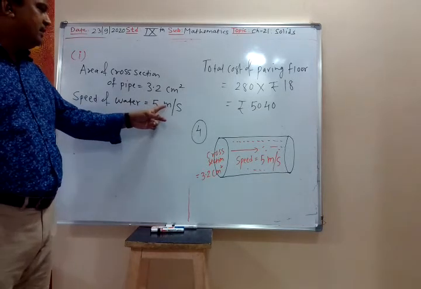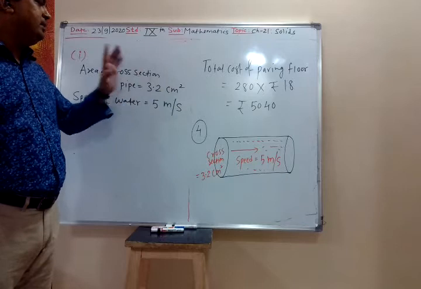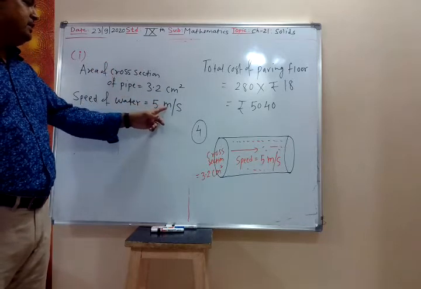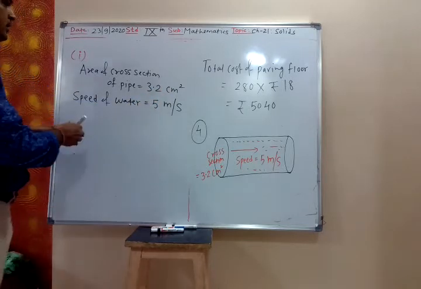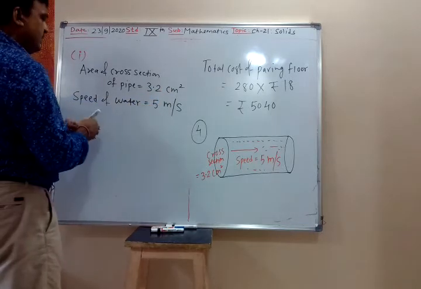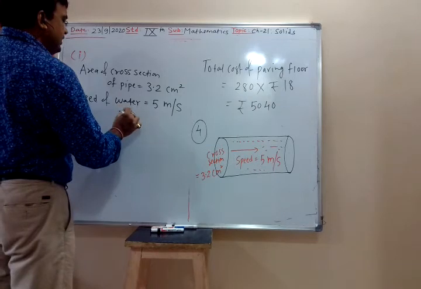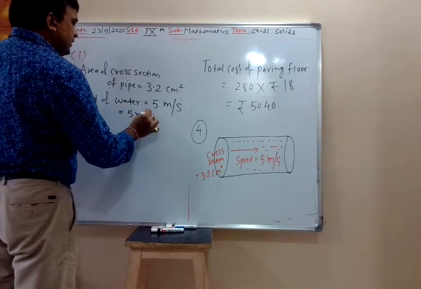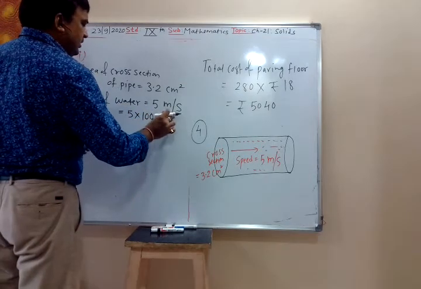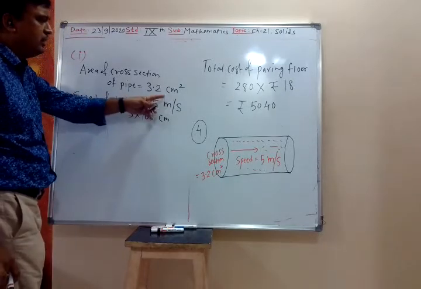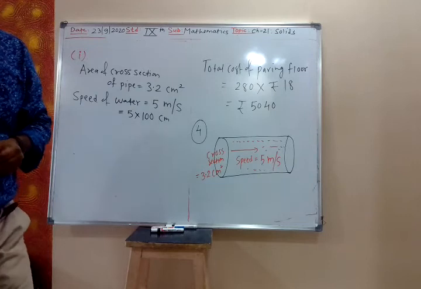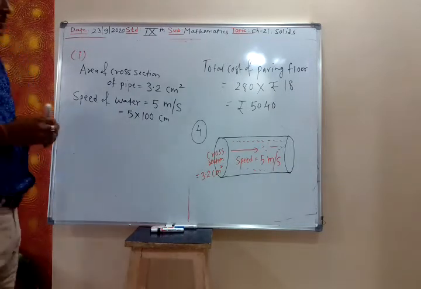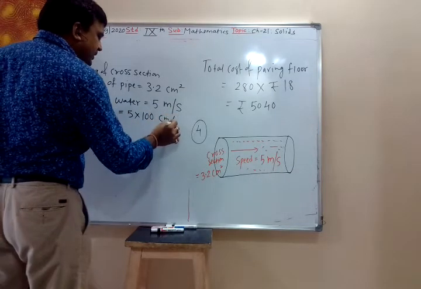This meter we have to convert into centimeter because the unit should be the same. So we multiply by 100. So this 5 becomes 5 into 100, and we write centimeter per second.